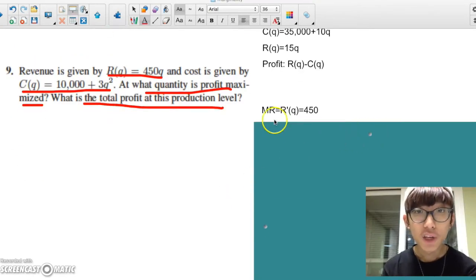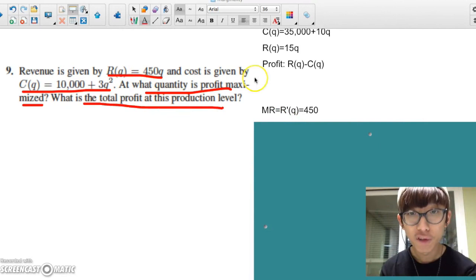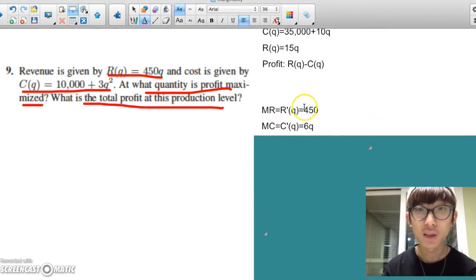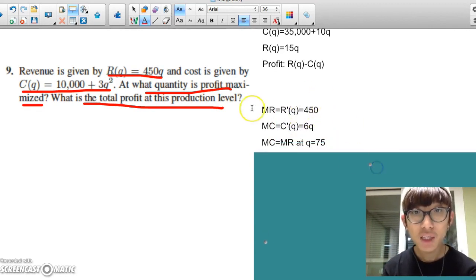So marginal revenue is the derivative function of the revenue function, and the marginal cost is the derivative function of cost. Profit is maximized when these 2 are equal, so when Q equals 75, marginal revenue is equal to marginal cost. So at quantity equals 75 is profit maximized.